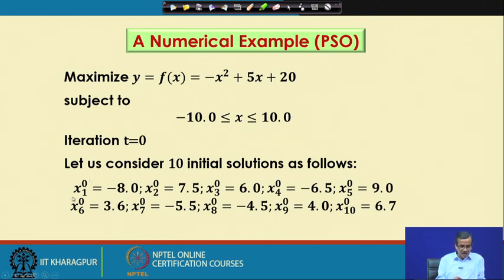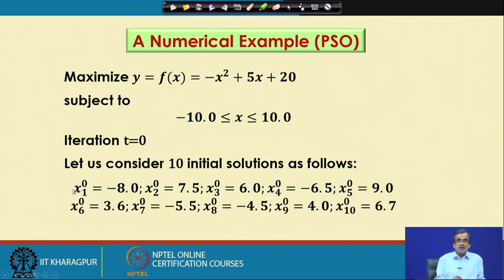For example, say x1(0) is -8.0, x2(0) is 7.5, x3(0) is 6.0, x4(0) is -6.5, x5(0) is 9.0, x6(0) is 3.6, x7(0) is -5.5, x8(0) is -4.5, x9(0) is 4.0, x10(0) is 6.7.